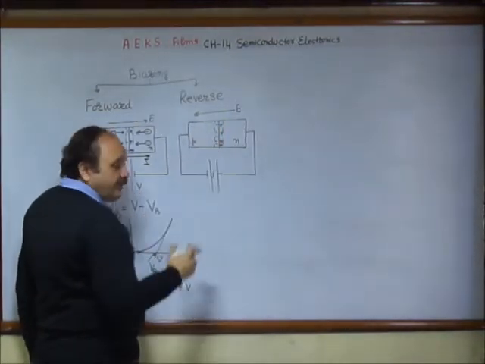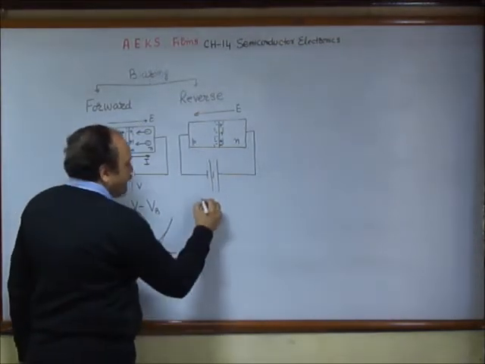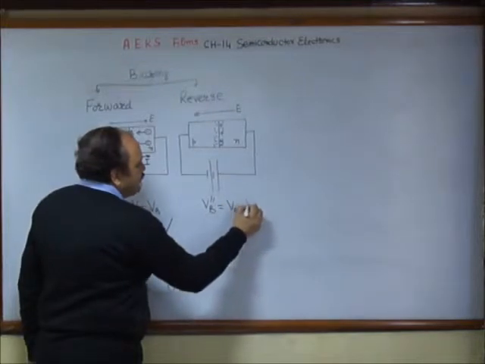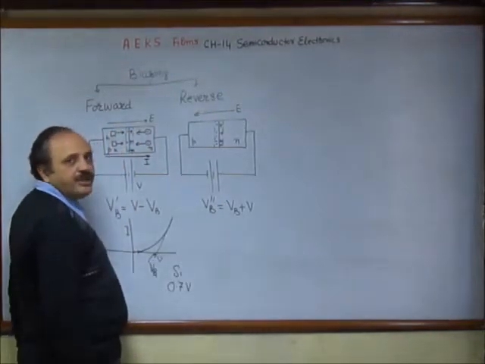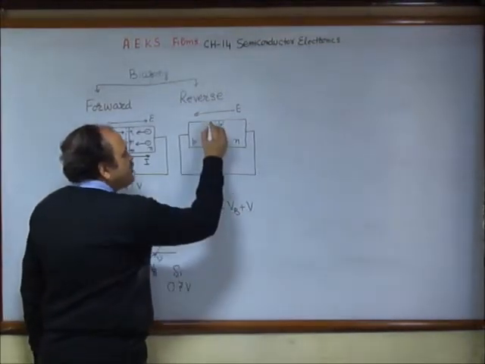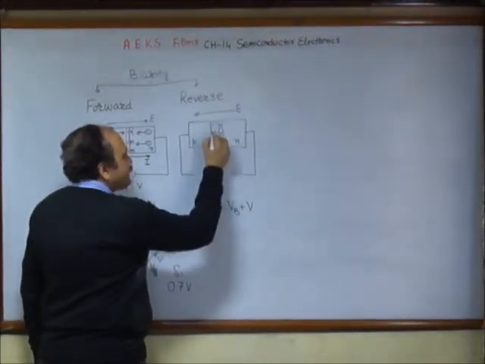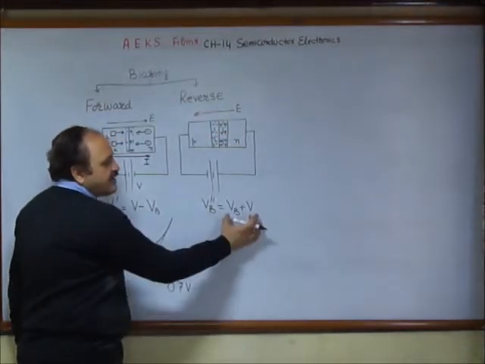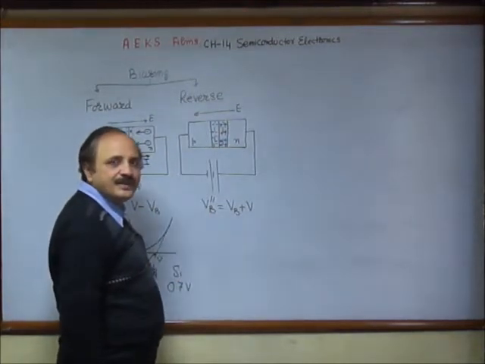This helps in increasing the barrier potential, and this time the barrier potential becomes VB plus V. As a result, the depletion layer also increases, as well as the barrier potential also increases.